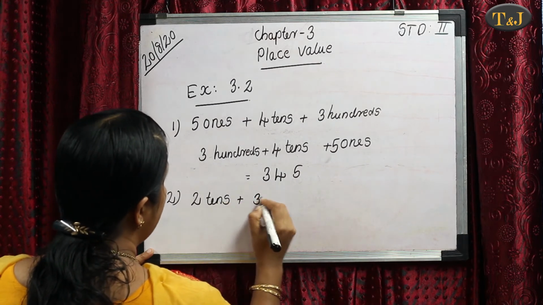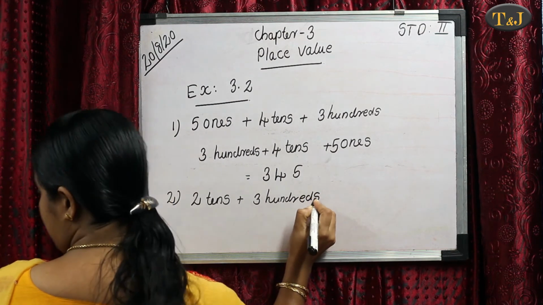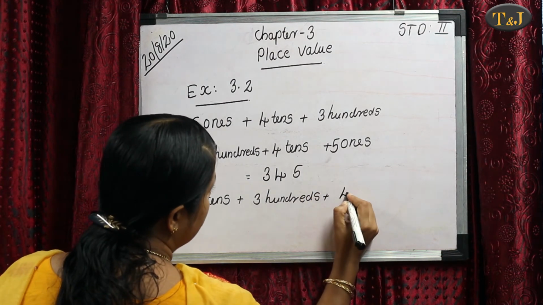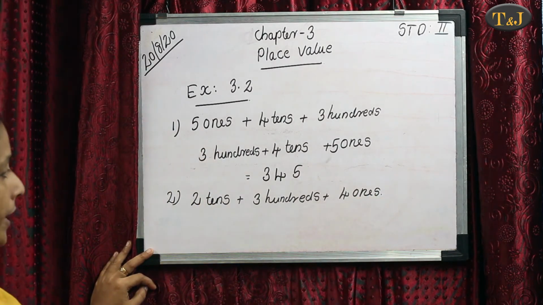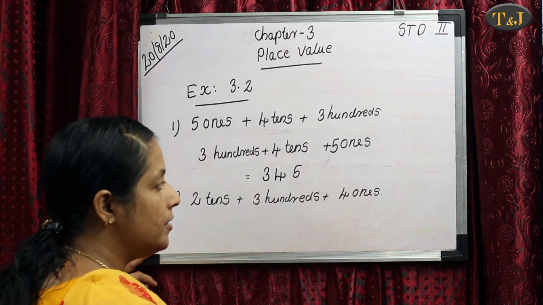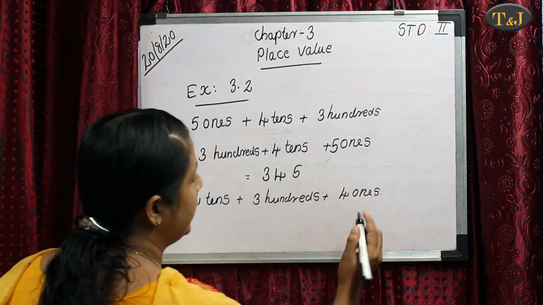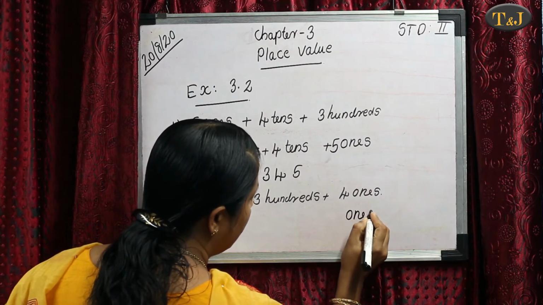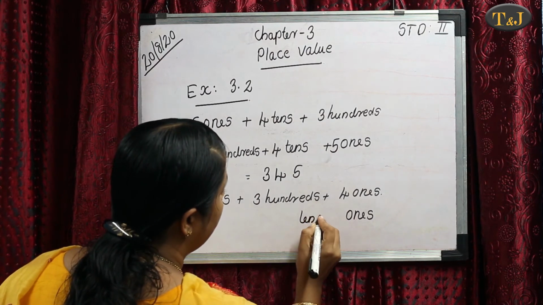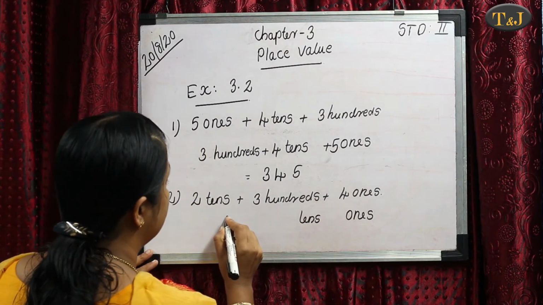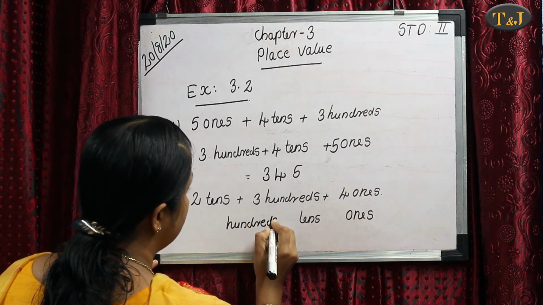Our second problem is 2 tens plus 3 hundreds plus 4 ones. Is our order correct? Tens, hundreds, ones? No. So we arrange the places in correct order. That is ones, next tens, next hundreds.